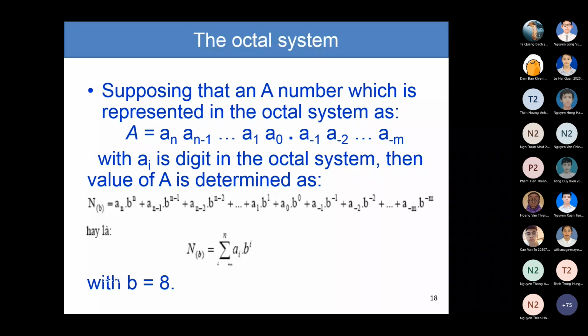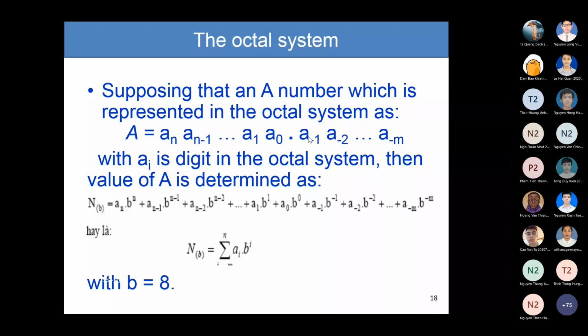Okay, so in the octal system, given a number A which is represented using the octal system, we denote A equals a_n, a_(n-1), until a_0. That is the integer part of the number, and then a dot and the fraction part.